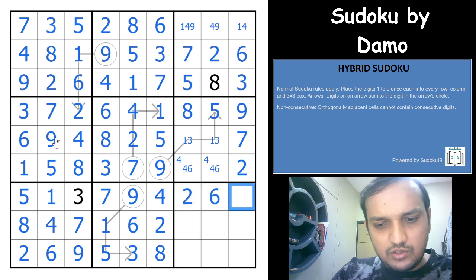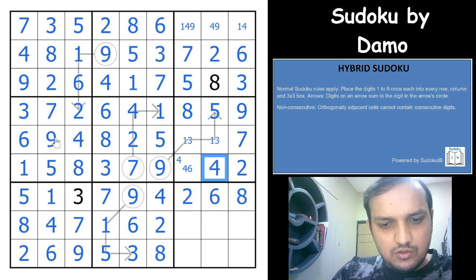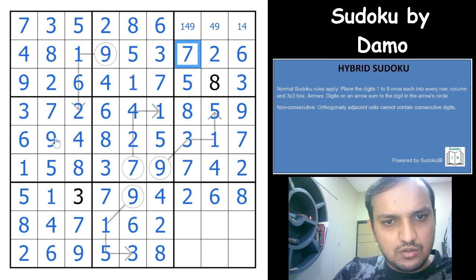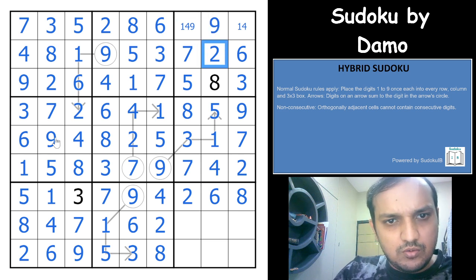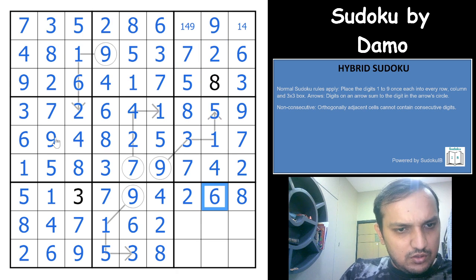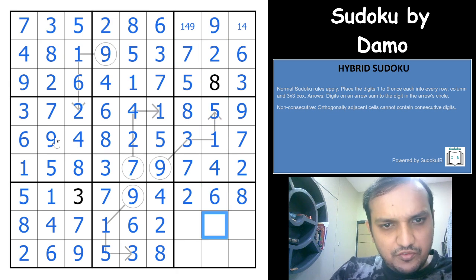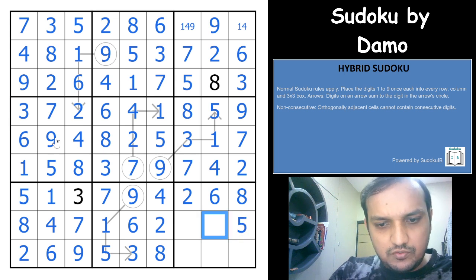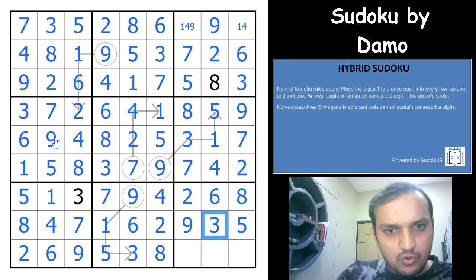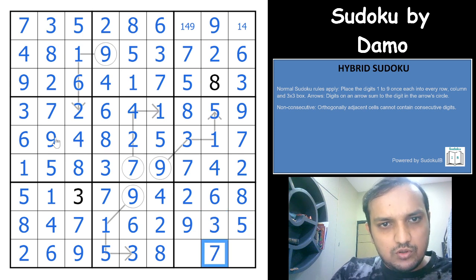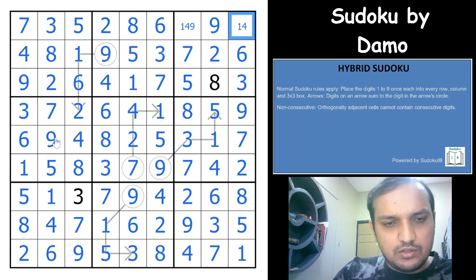So 2, 6 and an 8, 4, 6, 1 and a 3, 9, 1 and a 4 in any order, 3, 5 and 9. So this is 5, 3 and a 9, 1, 7 and 4, 7, 1 and a 4. That gives you 4 and a 1 here.